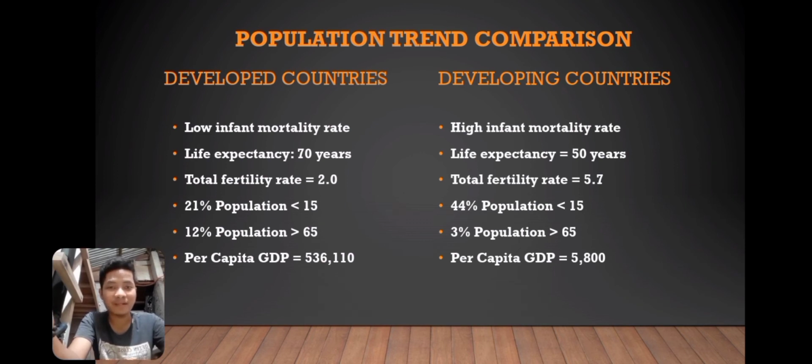Kulang tayo sa mga policy, no? So the next one, 21% of their population sa developed countries is less than 15, while 44% of the developing countries is less than 15.